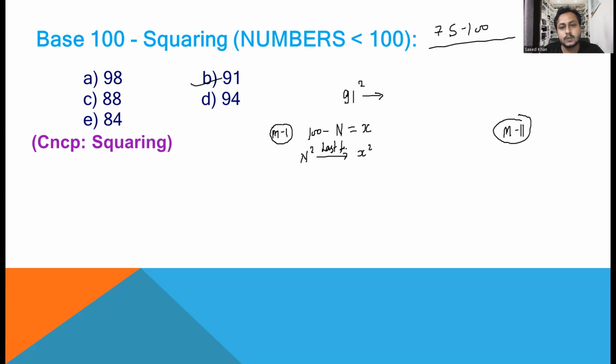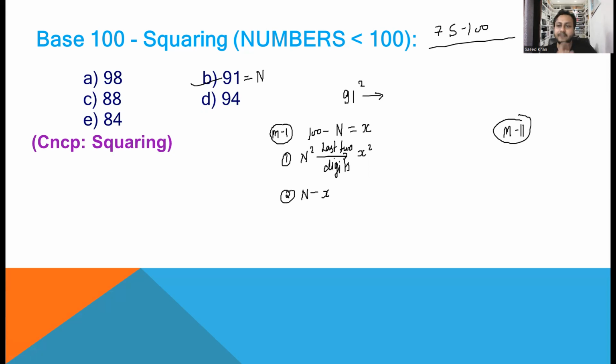So the last two digits of n square, where n is 91, should be same as x square, right? And to get the remaining digits, just subtract x from the number, right? Let's say this is the first step, this is the second step.